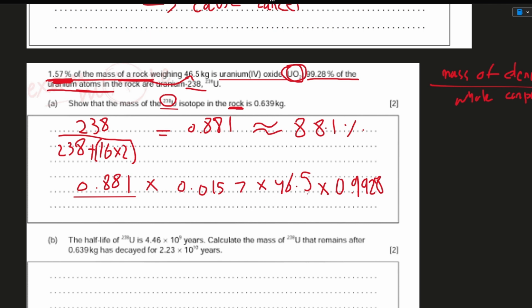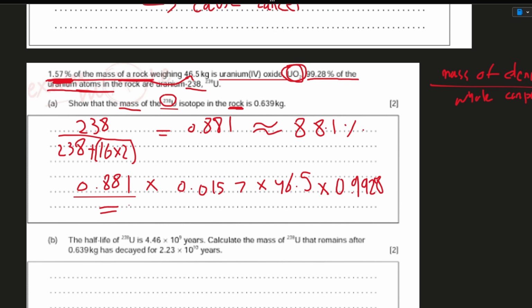And then we multiply that by the mass of the rock, which is 46.5 kilograms, because we're calculating the mass of the isotope itself in the rock. And then we multiply that by the percentage that those uranium atoms are uranium-238. It sounds a bit confusing, but I've tried my best to explain it.